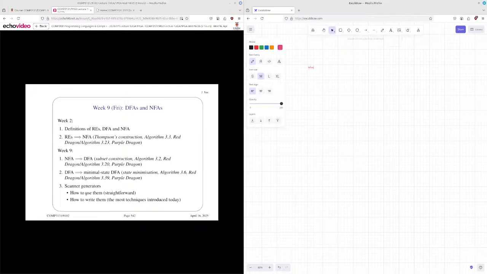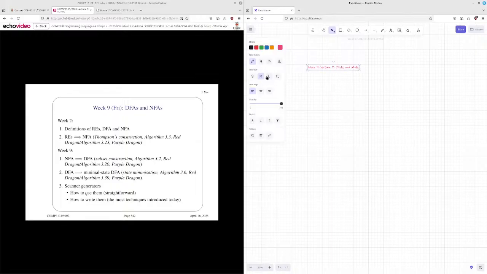If you want to implement a scanner automatically by using a scanner generator, you don't have to do anything. All you have to do is define all the tokens by giving their corresponding regular expression. That's it. Then the scanner generator will give you a scanner.